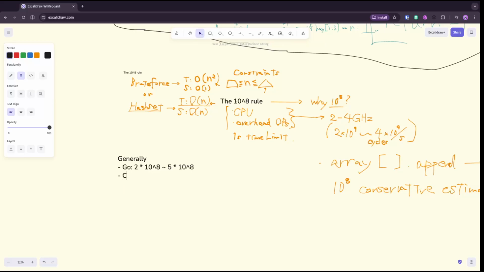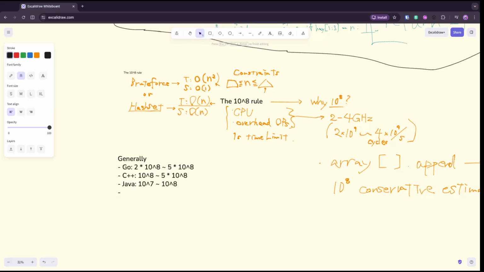And C++ is 10 to the power of 8 up to 5 times 10 to the power of 8. And Java is 10 to the power of 7 to 10 to the power of 8.